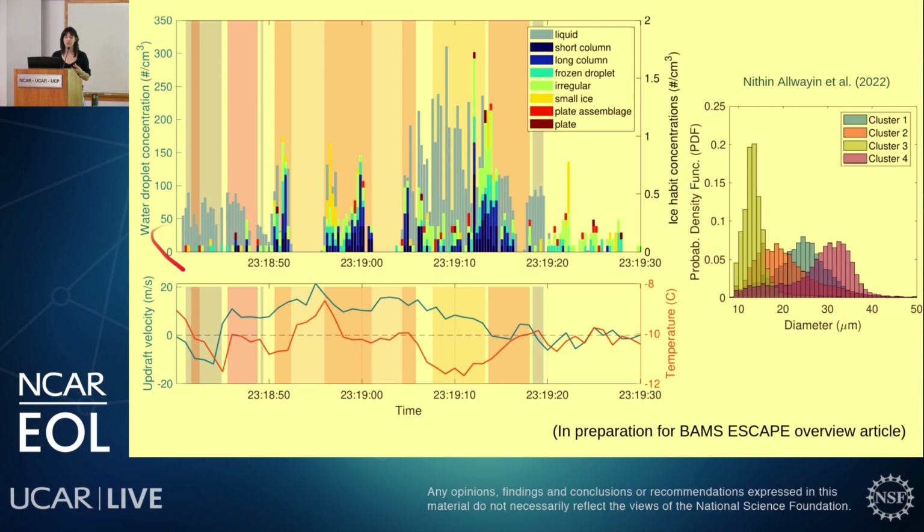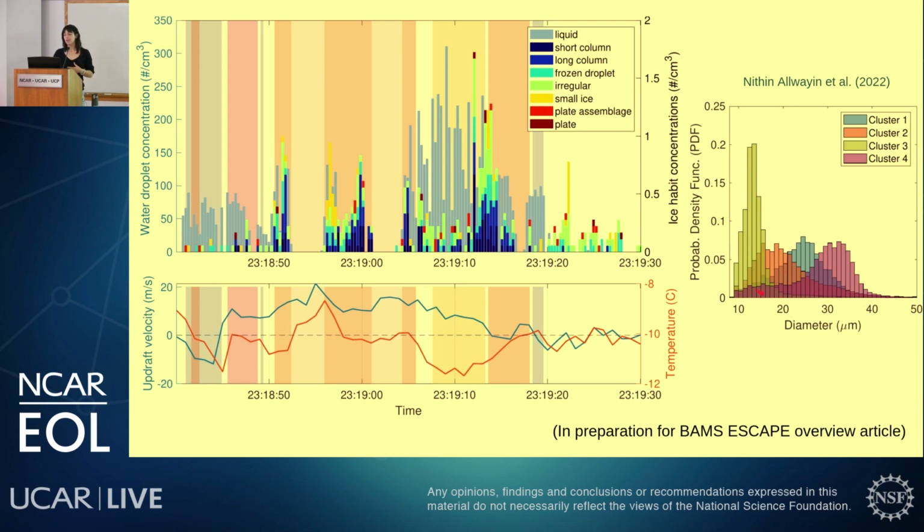And there are also fewer ice concentrations in those regions. In the center of the cloud, the orange and the green segments, we have more ice particles, and the droplet size distributions have shifted towards smaller sizes.